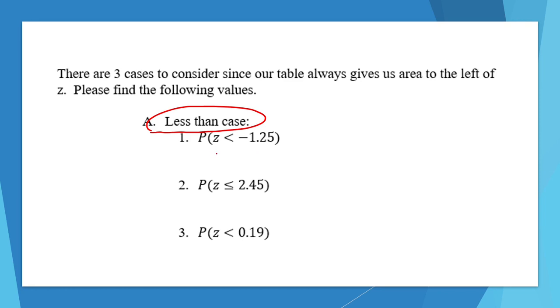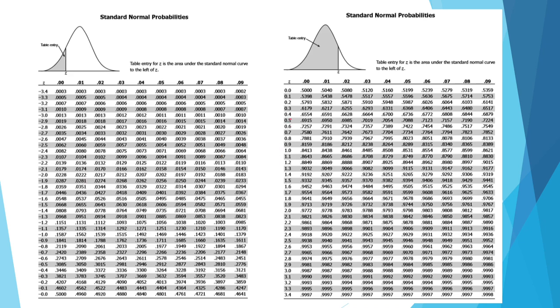For the first one, we want to find the probability of z to the left of negative 1.25. So we'll go to our z-table. There's two sides to it: a negative side, and a positive side. Look at the z-score. It will be positive or it will be negative.